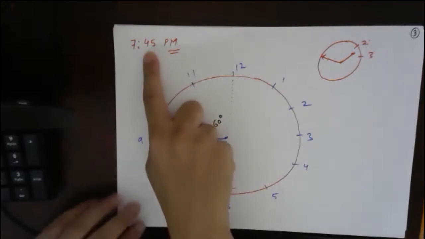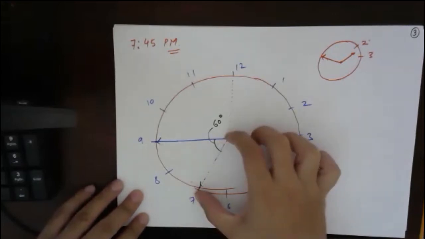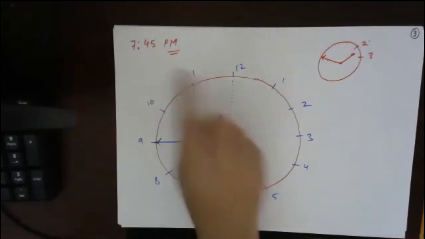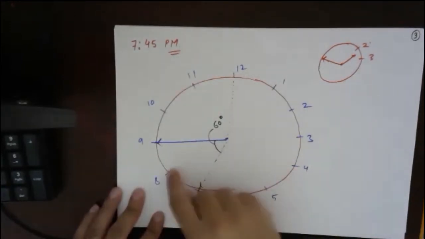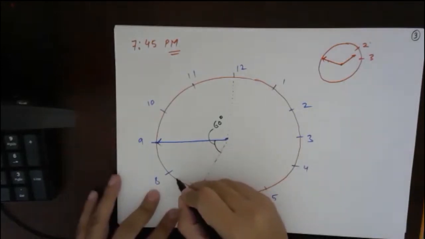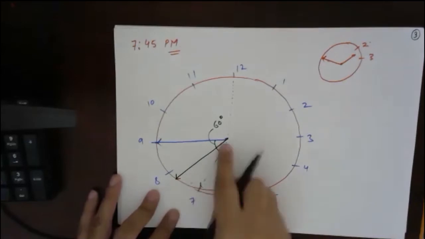So our hand was moving for 45 minutes, right? If it was 1 hour, if it was exactly 8, it would have come exactly at 8. But our hand is now somewhere in between.